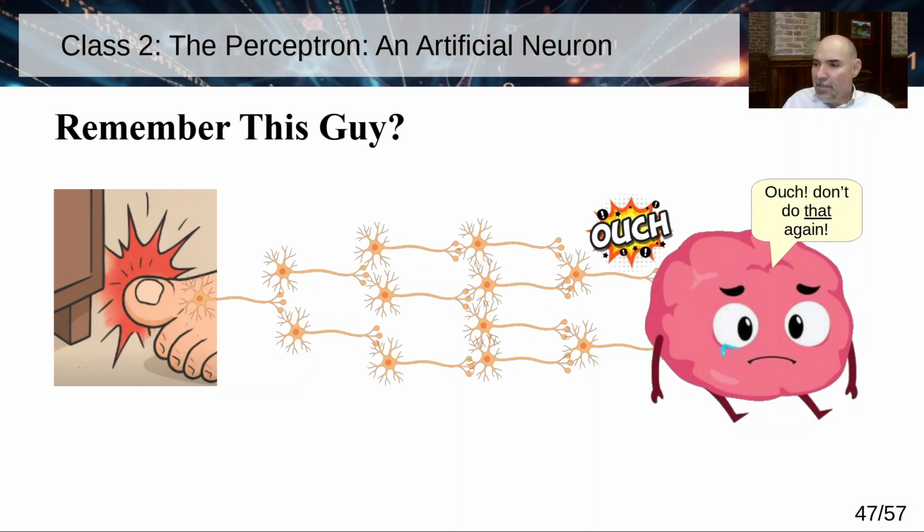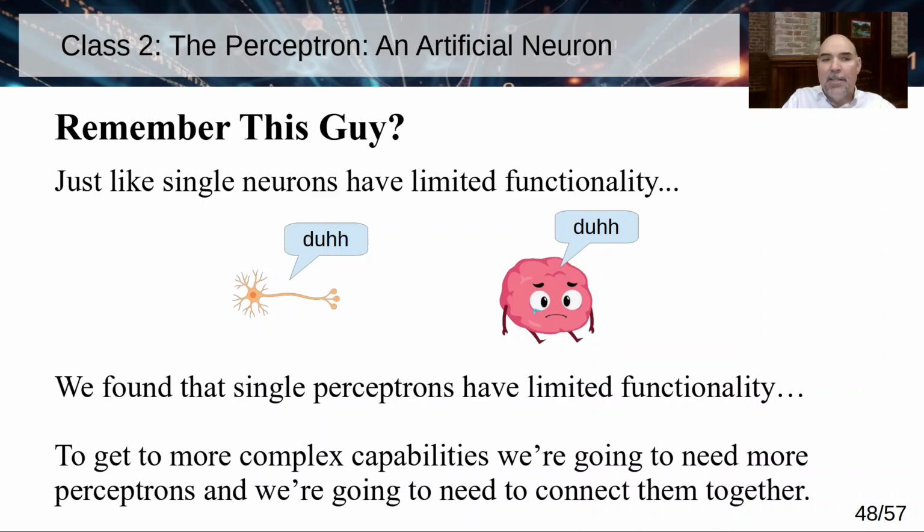So with something like this, neurons feeding other neurons feeding other neurons, we can now have something that can solve nonlinear things. We found that just like a single neuron has limited functionality, but can do stuff, can learn, and can solve problems just by teaching them things, single perceptrons also have limited functionality. And if we want something that's more complex, we just need to make groups of those things together.